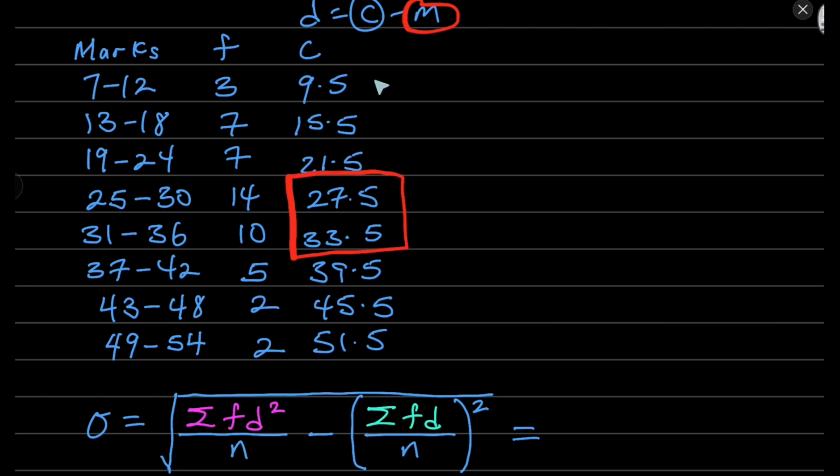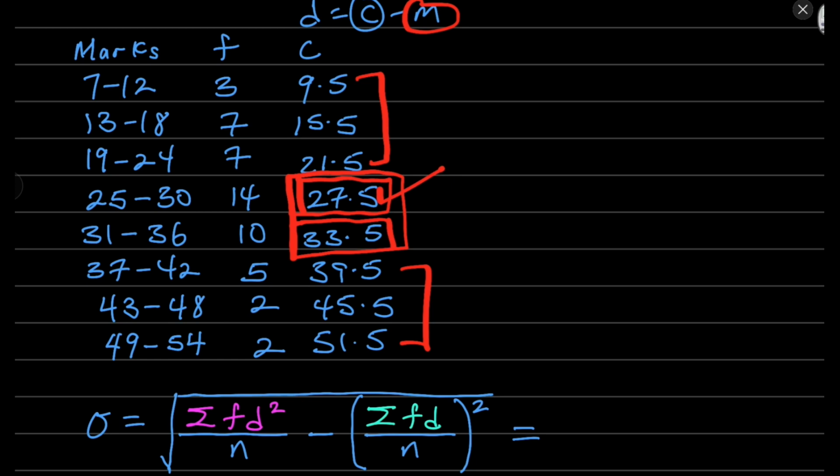This time around we have two middle values, because there are 3 above and 3 below, so these are the center values. You can choose either of the two, either the first one, which is 27.5, or the second one. For the sake of this video, I'm going to be sticking with 27.5.